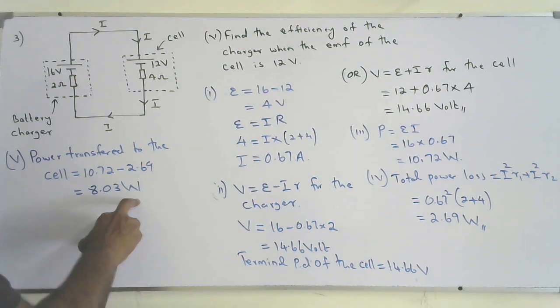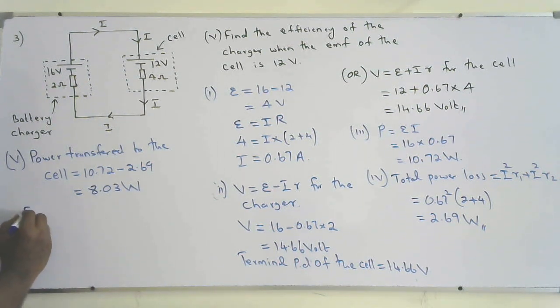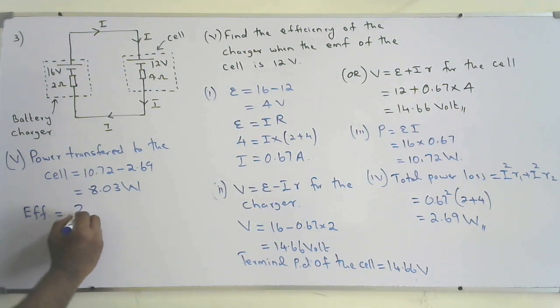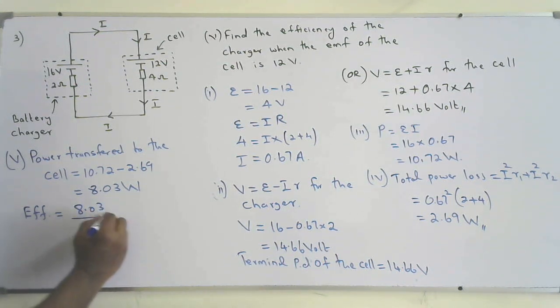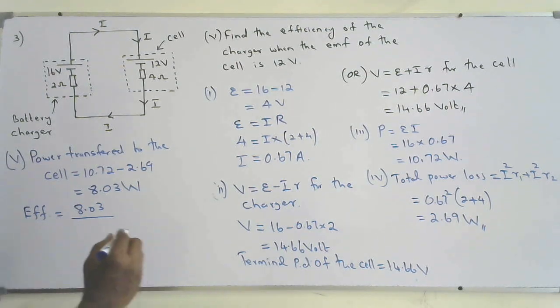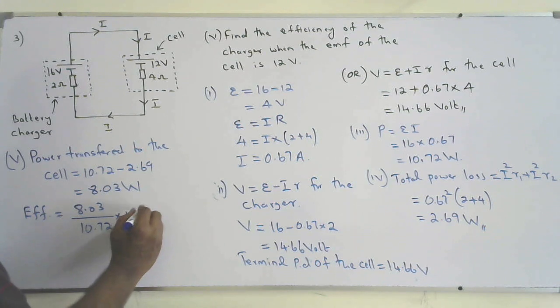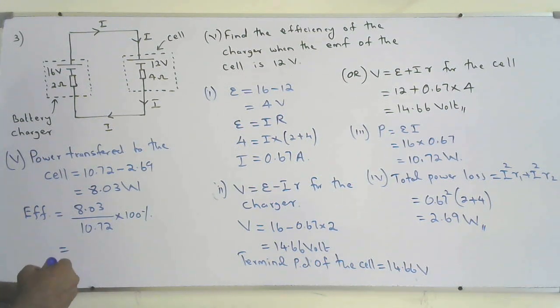So that will be 8.03 watts. So efficiency is power transferred divided by power generated, 10.72, times 100%. So that will be 74.9%.